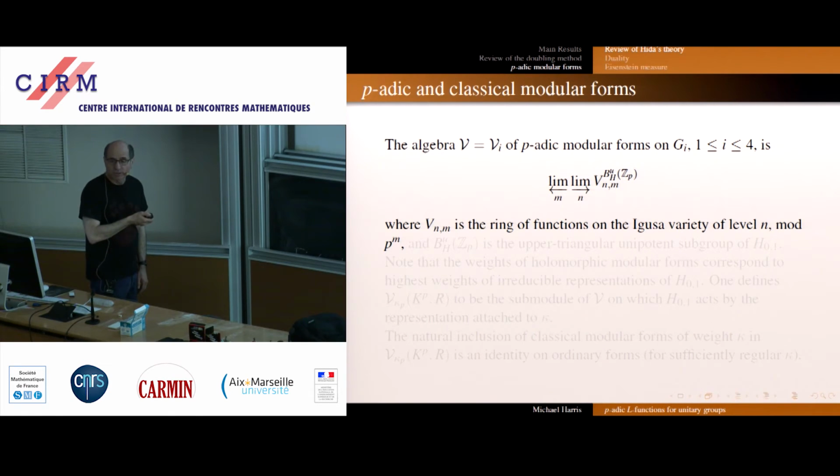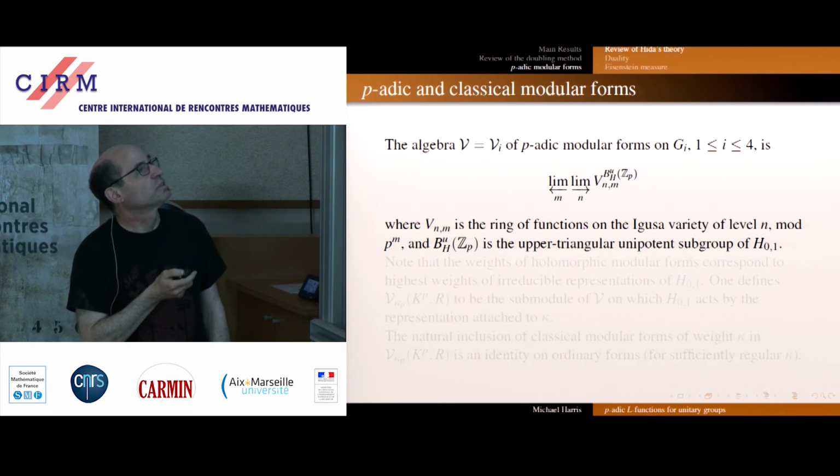It has an integral structure. You take functions modulo p to the m. You take the direct limit over the level and then take the inverse limit over the congruence, and here you get something that is topologically interesting.